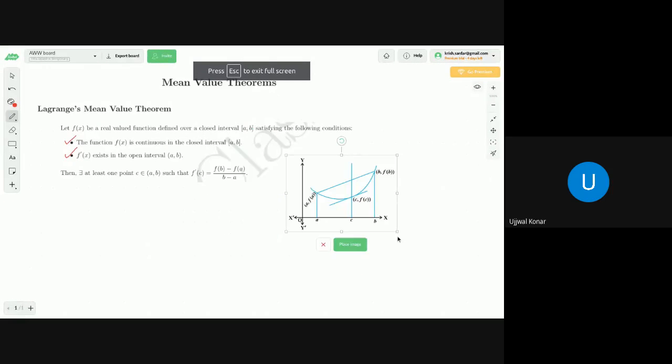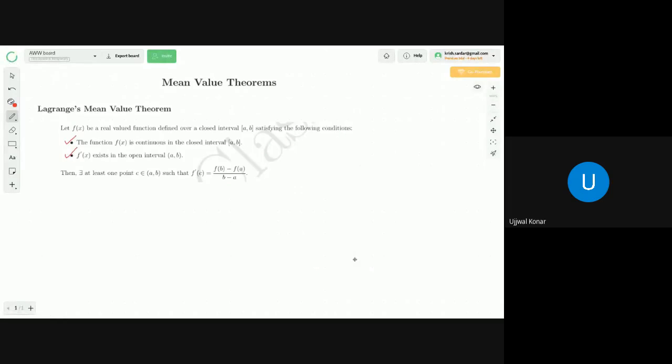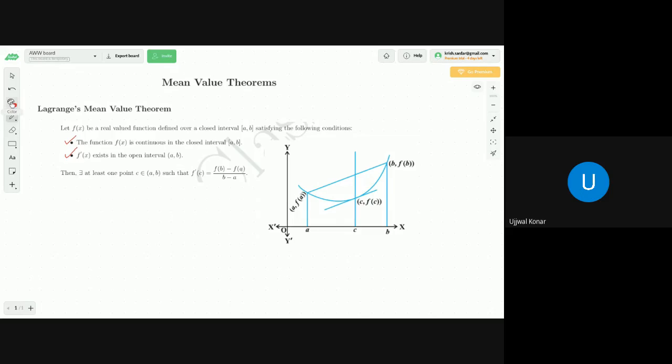If you look at this adjoining diagram, dear students, whatever you see in the blue color is the function y equal to f(x). This function is defined over the closed interval [a, b].